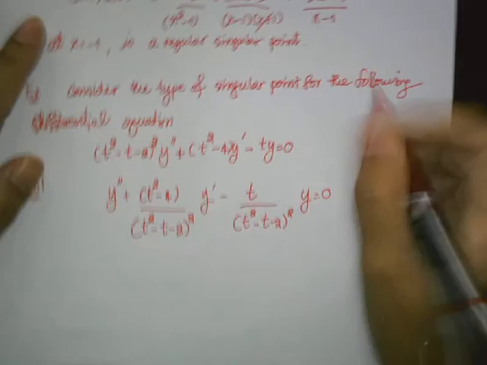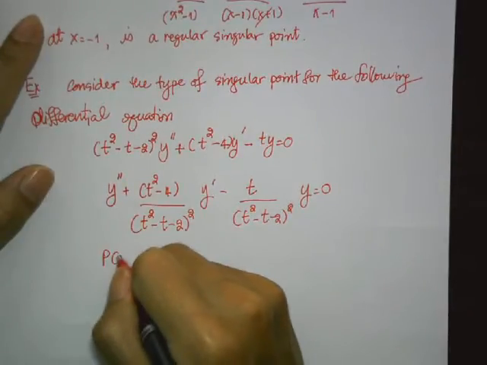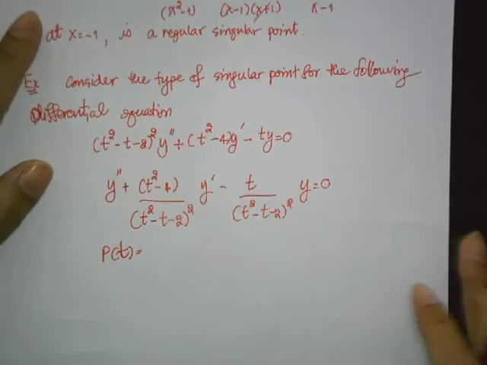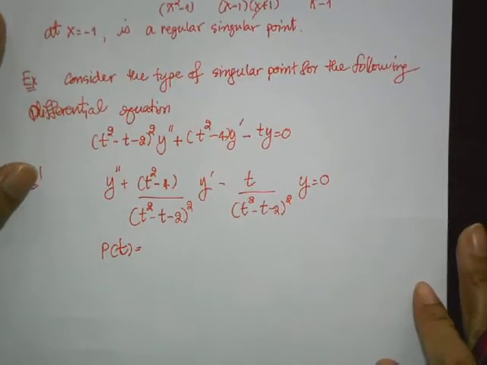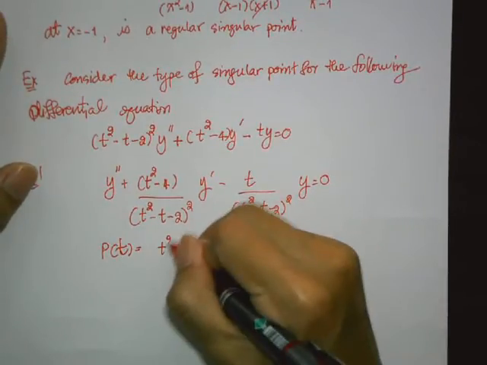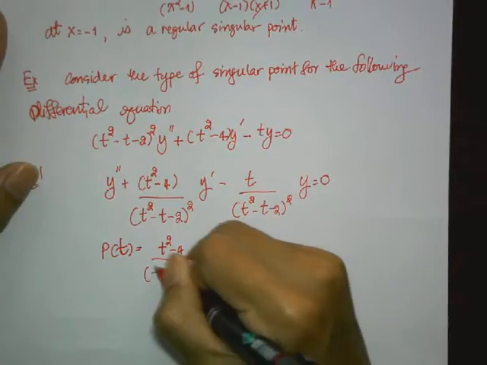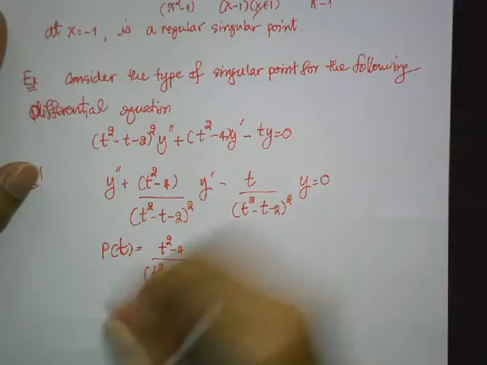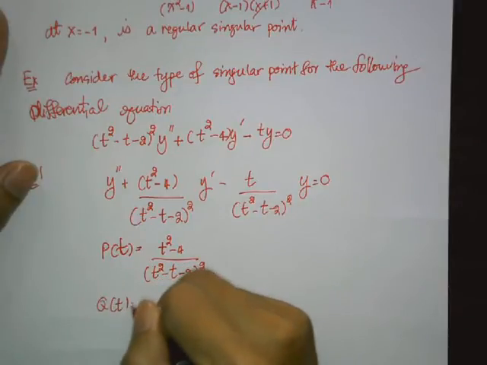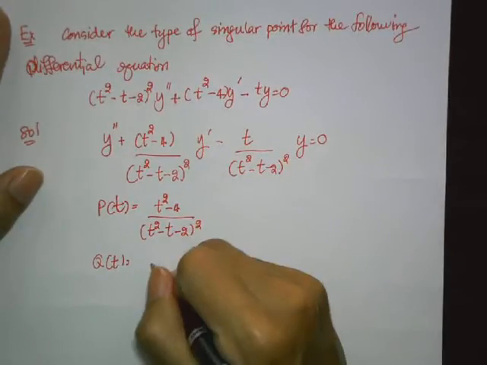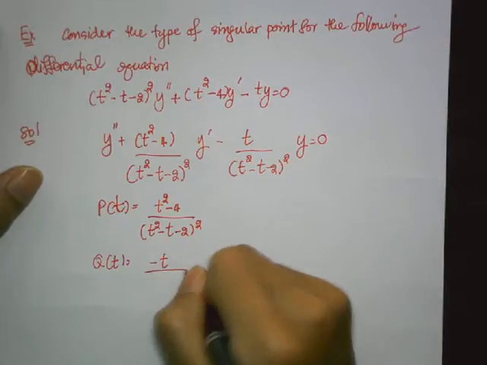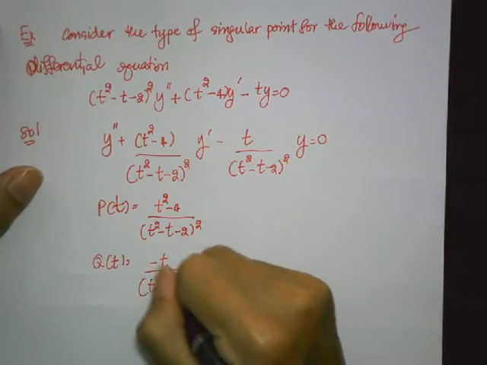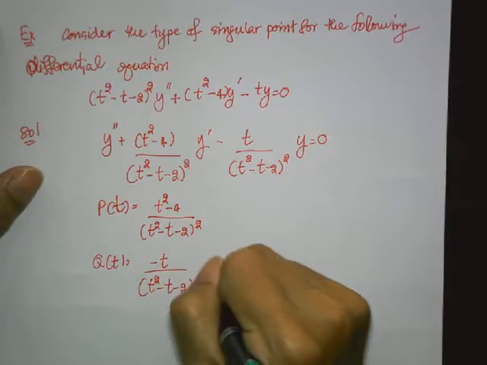So that means our p(t) is equal to t square minus 4 divided by t square minus t minus 2 square, and our q(t) is equal to minus t divided by t square minus t minus 2 square.